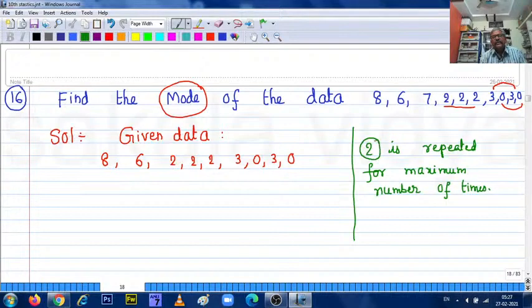Therefore 2 is called the mode. So the mode equals 2. That's the answer.